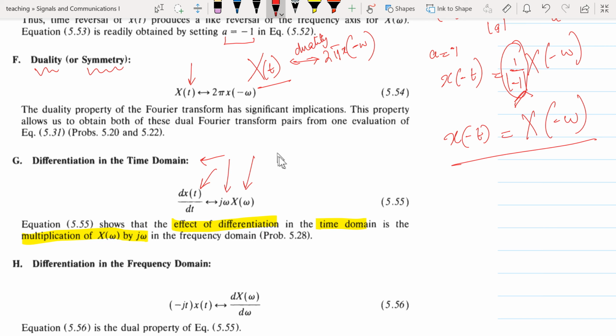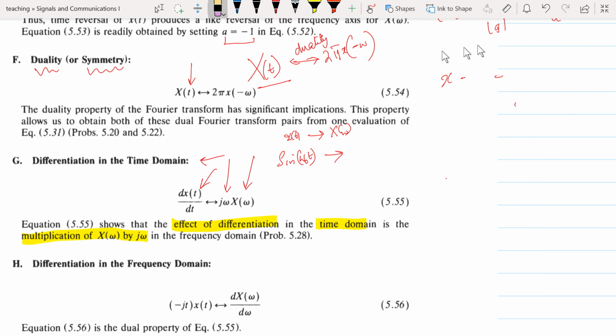Therefore, assume your signal is sine of omega naught t. So assume you have your x of t that transforms into X of omega, and I should actually write them in a space where I have room. So I want to clear up this space so that I can write without interrupting myself too much.